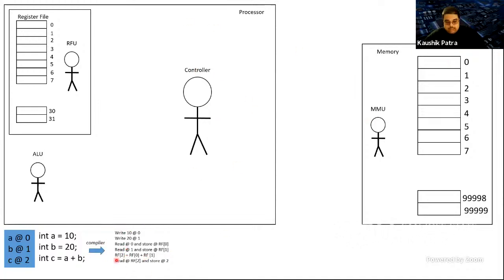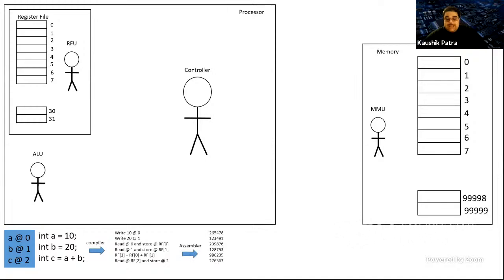So it says something like: write 10 to memory address 0, write 20 to memory address 1, then read from 0 and store it to register file 0, read from 1 and store it to register file 1, and then fetch these 2 values, add them up, and store the result into register file 2, which is this instruction: register file 2 equals register file 0 plus register file 1. Then read from register file 2 and store it back in address 2. So these are the simple steps that the compiler broke down into assembly code.